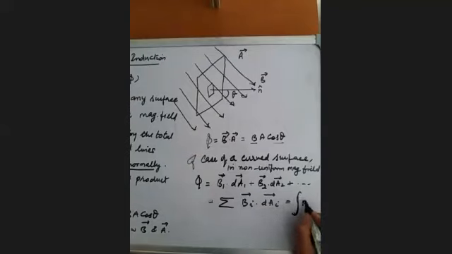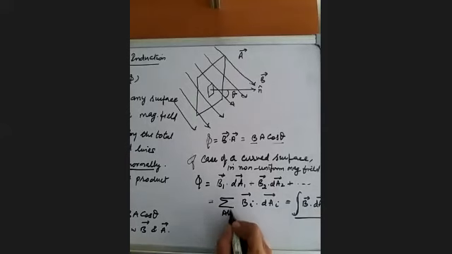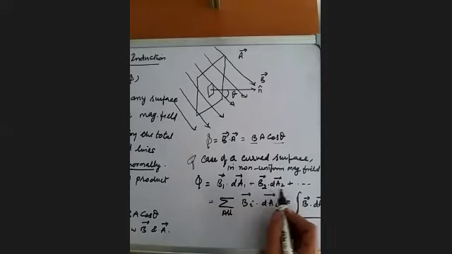So the summation becomes an integration, B dot dA. All the flux associated with the different area elements has been added to give the summation of all Bi dot dAi. If these elements are very small, their number will be very large, so we integrate B dot dA.